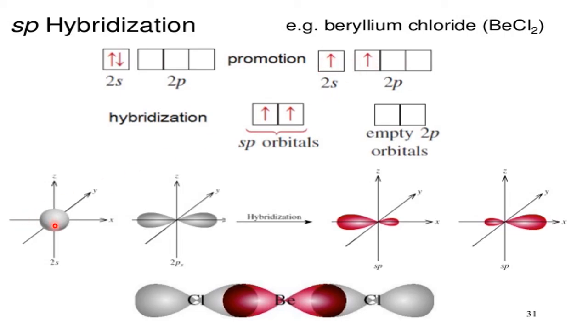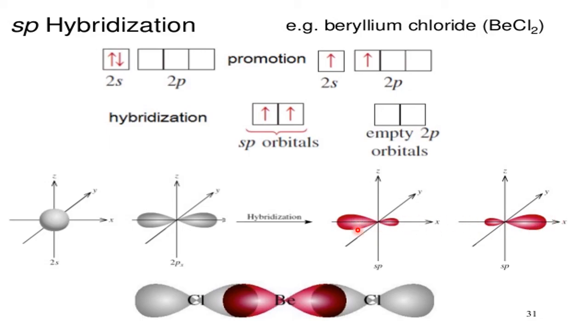See, one s orbital and one p orbital. So they will merge, they will combine. When they combine, this shape is formed. How many orbitals are ready for the hybridization? 2. How many are formed? 2 are formed, of the same energy and the same shape.